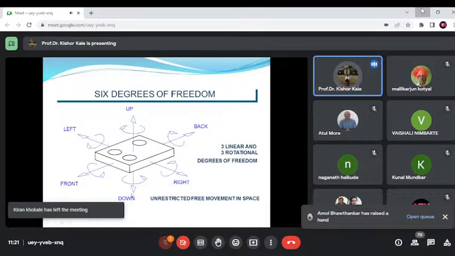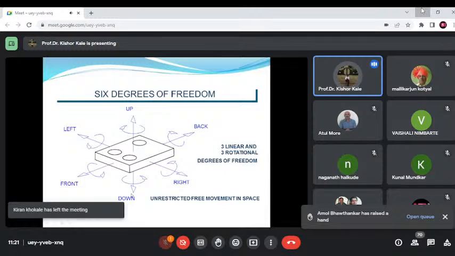So how do you define the secondary datum? Secondary datums are produced perpendicular to the primary datum, so measurements can be referenced from them. Sometimes it becomes very easy to take the reference from the secondary datum. So we define the secondary datum such that it is perpendicular to your first datum.